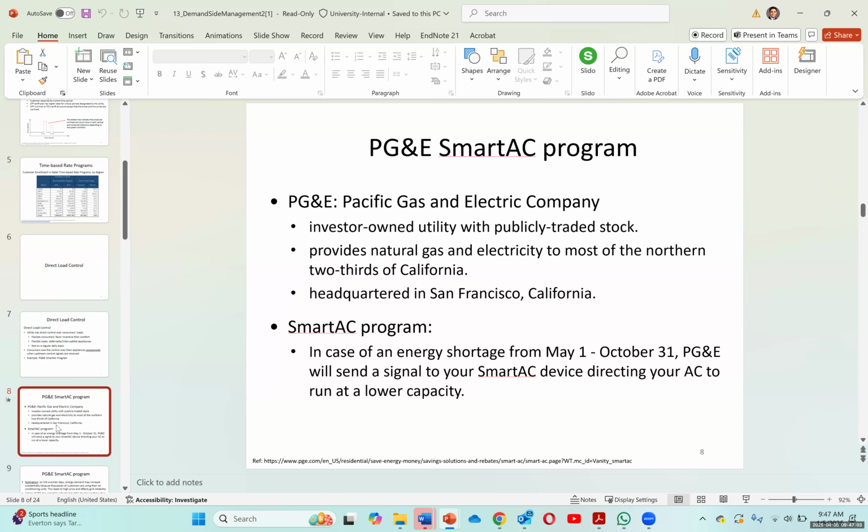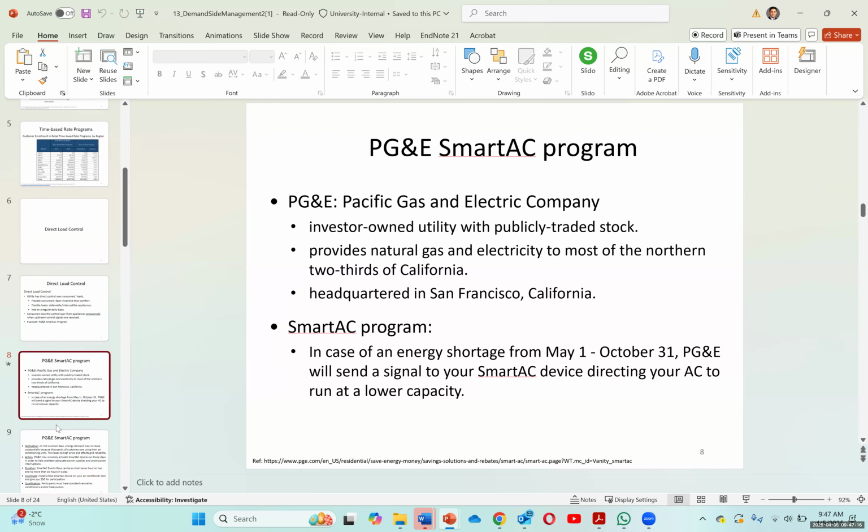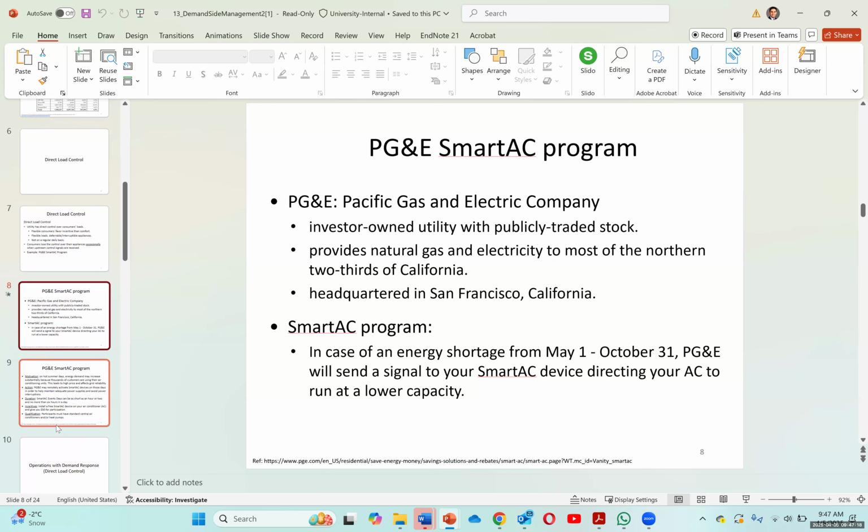In case of an energy shortage in that period, May 1st to October 31st, PG&E will send a signal to your smart AC device directing your AC to run at a lower capacity, therefore lowering the demand. It usually increases the thermostat and defers the time of day use of the AC, and it will turn it off at certain times.